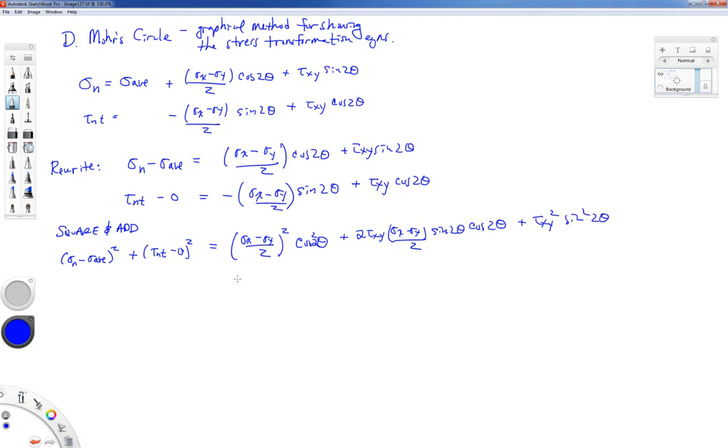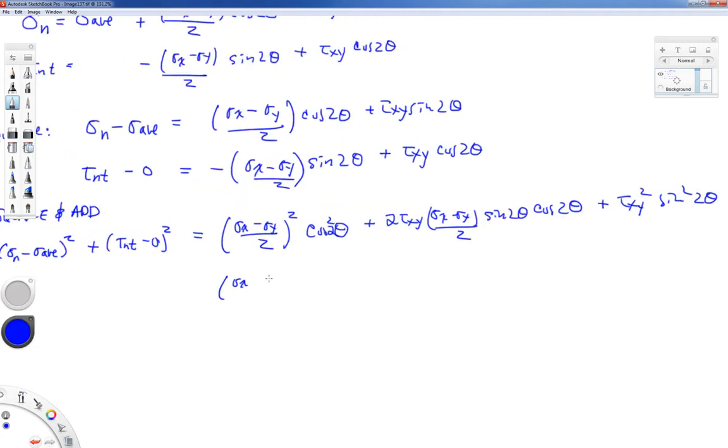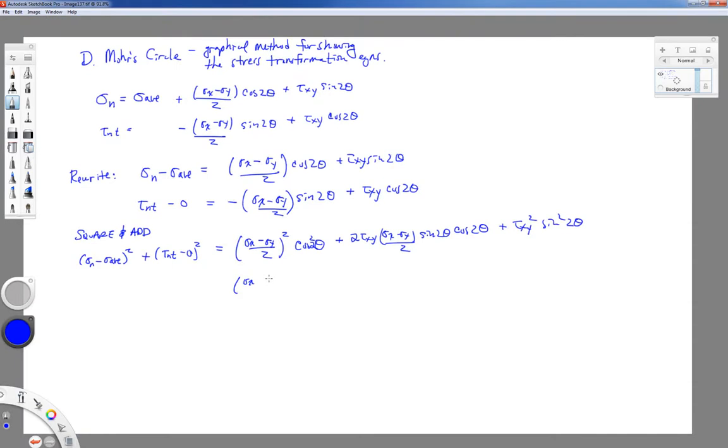The next term starts with a negative, but when I square it, it becomes positive. So it looks very similar to the first term. Sigma x minus sigma y over 2, quantity squared.